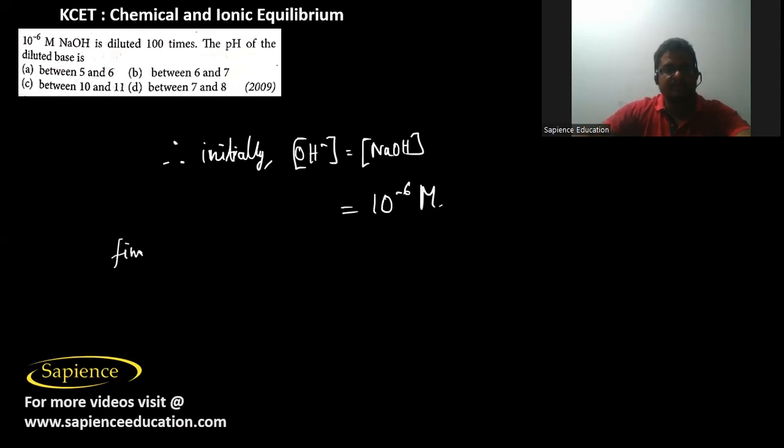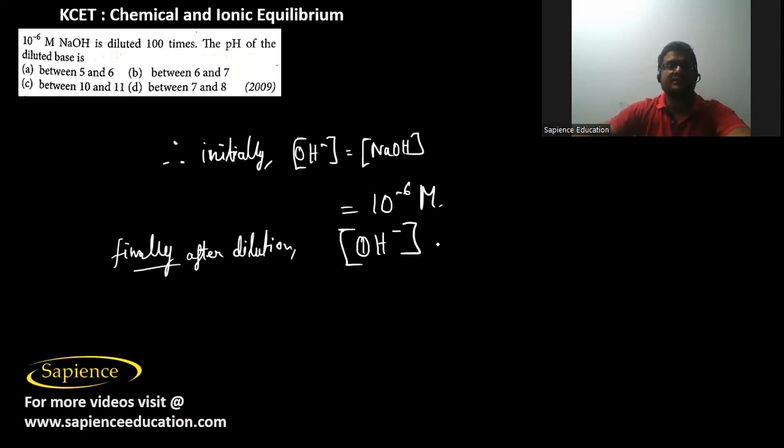After the dilution, the concentration of OH minus ions will be 10 power minus 6 molar divided by 100, which is 10 power minus 8 molar.